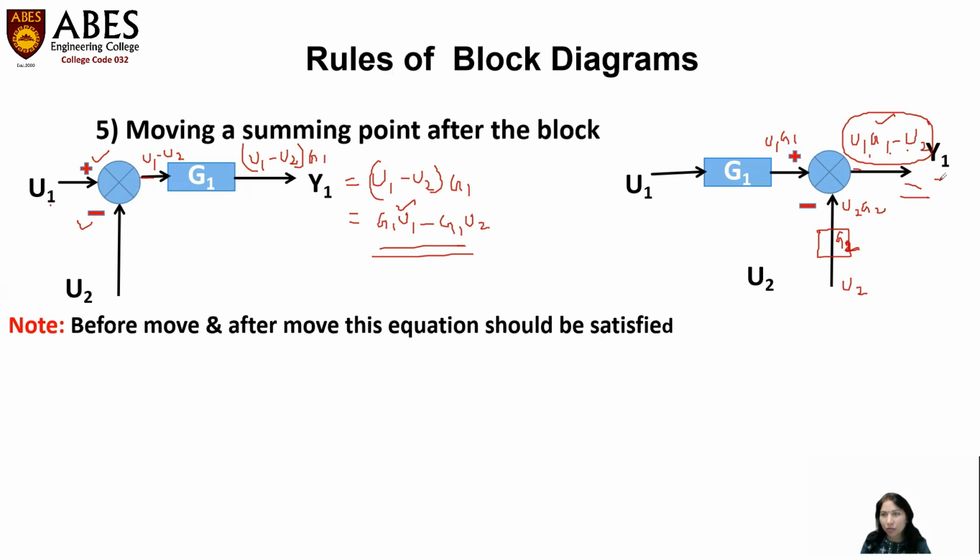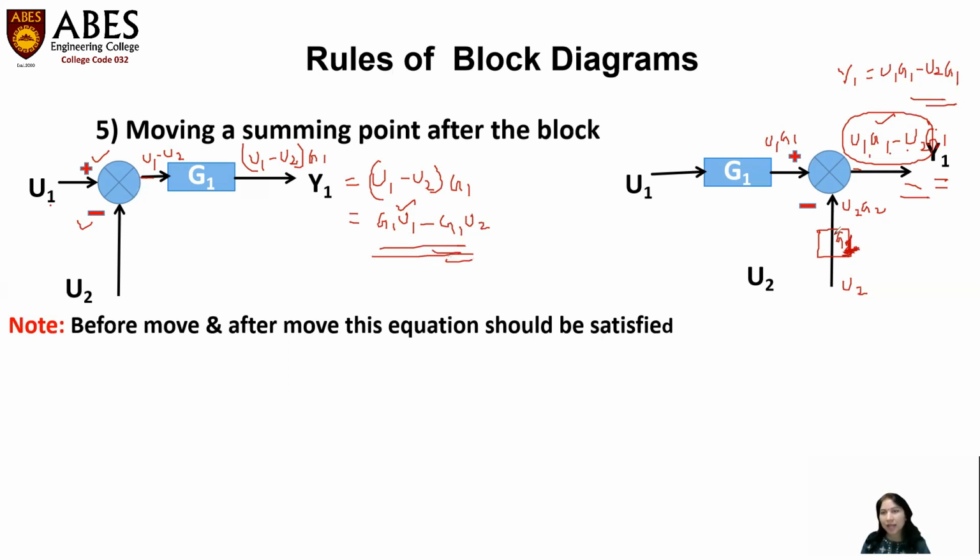Actually this is g1 now, so the value of this block should be g1. I will write here g1. So basically I'm getting y1 as u1 g1 minus u2 into g1. Now just see, this value and this value are the same now.